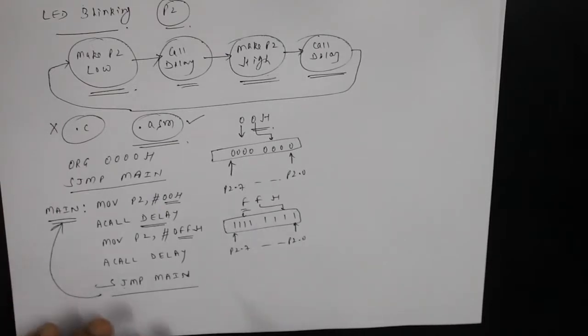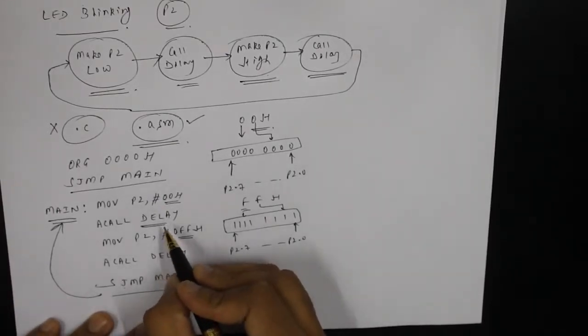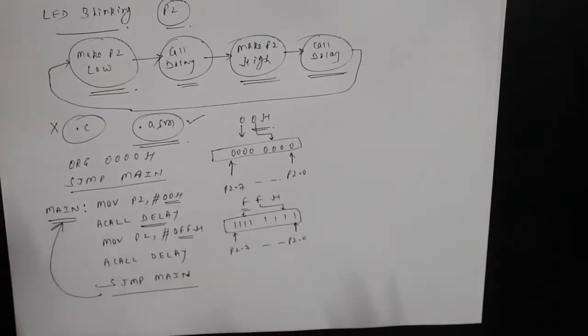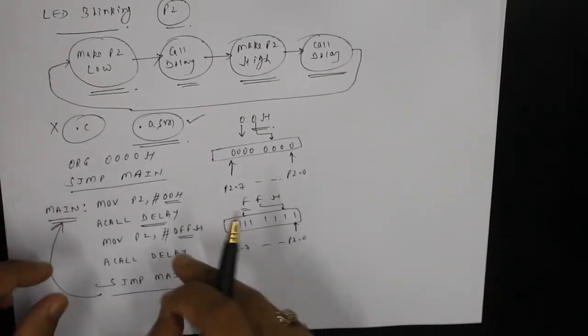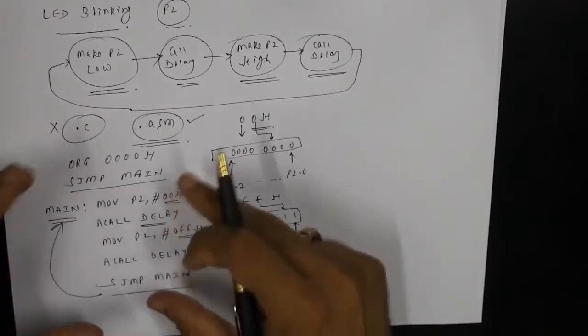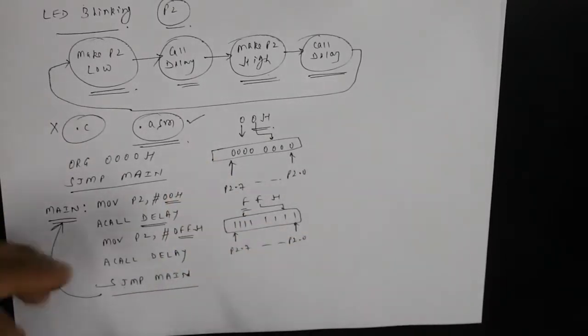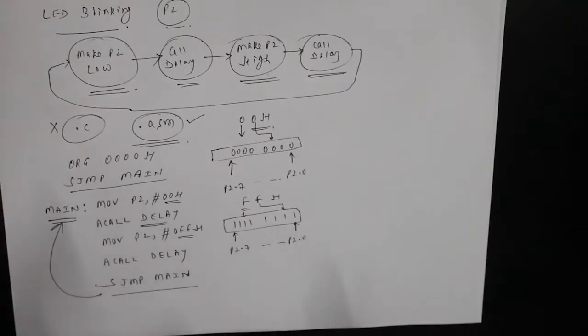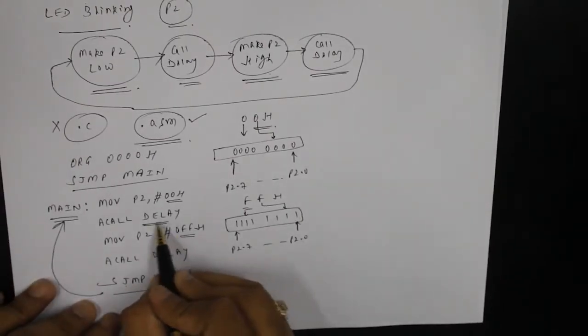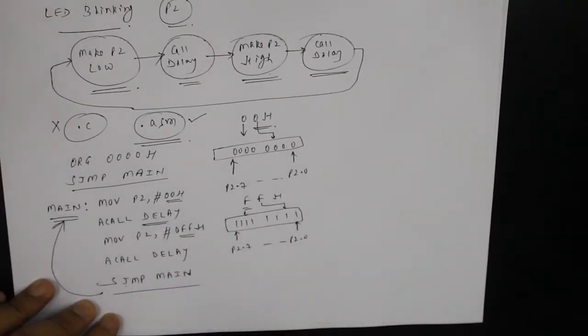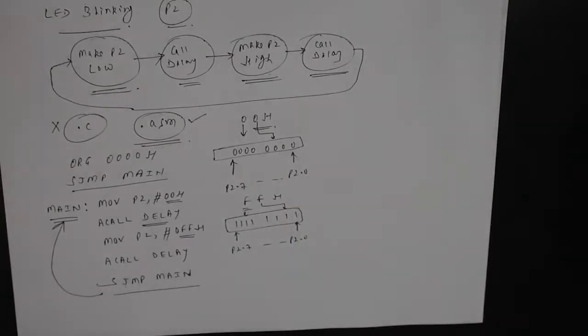My next step would be explaining how to generate the desired delay, and then combining the delay subroutine code with this section that we have written, so that you can have the complete code ready for blinking the LEDs connected to port 2. So I will now explain how to generate the desired time delay using assembly language.